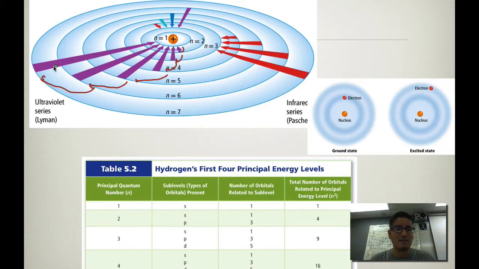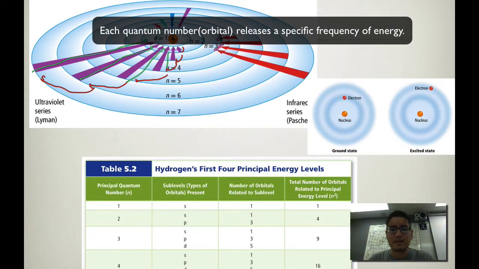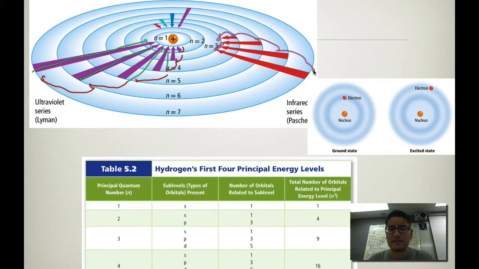When they all come back down, they all emit the same energy, which is ultraviolet. Here's my infrared series on the right, and all of these electrons start off at principal energy level number 3. They'll jump from 3 to 4 to 5, 6, and then 7, and when they all come back down, they all emit infrared.